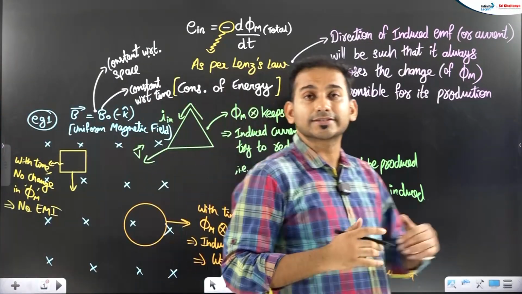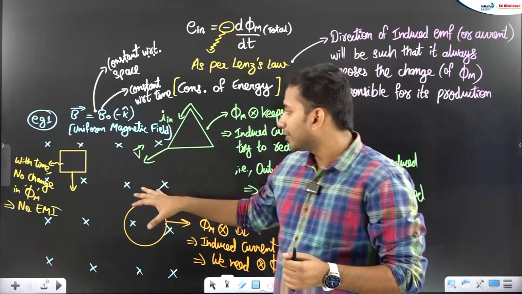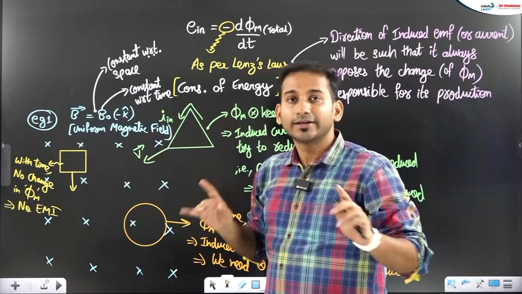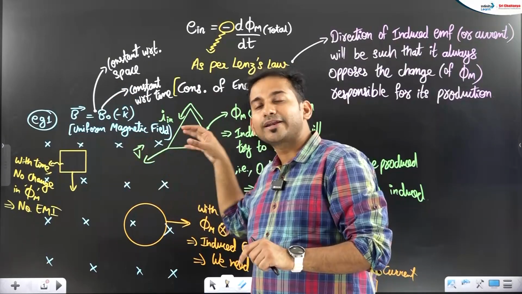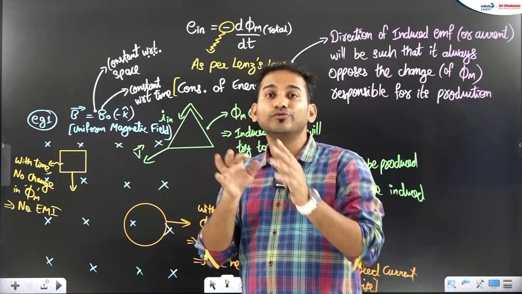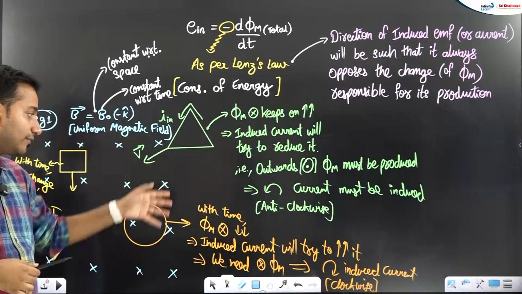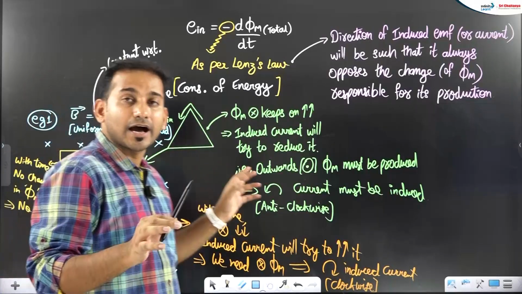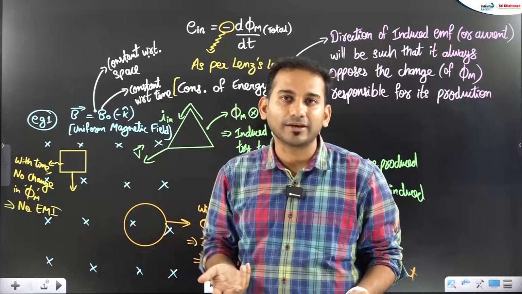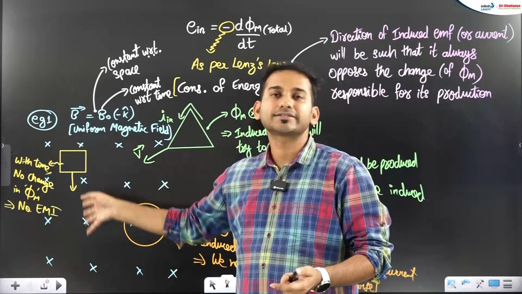What matters to us is whether the magnetic flux linked with the coil changes or not. So here the magnetic field was totally constant, neither varying with space nor with time, but still sometimes you are entering a coil, sometimes you are taking out a coil, sometimes you are moving the coil within the region of magnetic field. So in all such different behaviors, how the magnetic flux linked with the coil changes also keeps showing different behavior. Sometimes it keeps on increasing, sometimes it keeps on decreasing, sometimes it doesn't change at all.